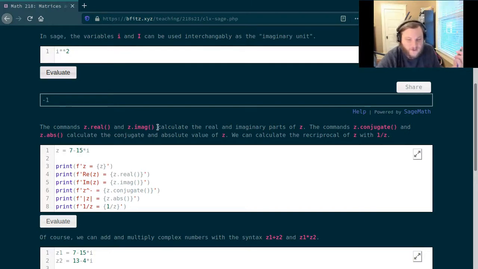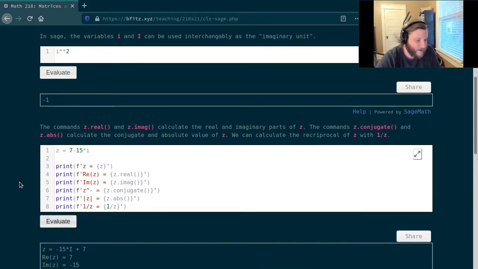Once we've defined a complex number z, I can access the real part with z.real(), the imaginary part with z.imag(), conjugate the number with z.conjugate(), calculate the absolute value with z.abs(), and calculate the reciprocal by just taking 1 divided by z. So I do all of that here.